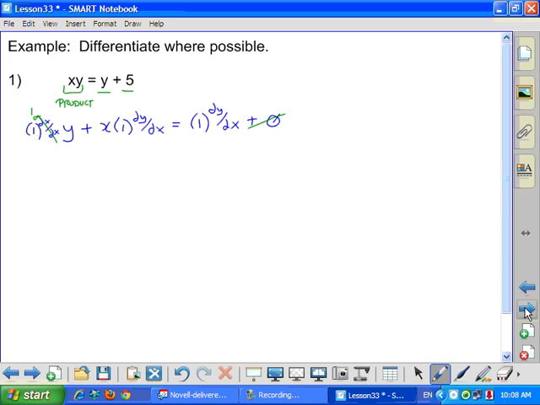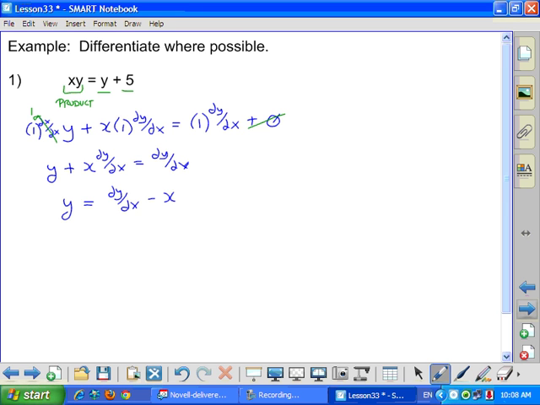So what does this look like when you clean it up? y plus x dy by dx equals dy by dx. There we are. Now I'm going to simplify for dy by dx because there's some questions in the homework that want you to isolate for it. So that means I'm going to subtract the x dy by dx from both sides.